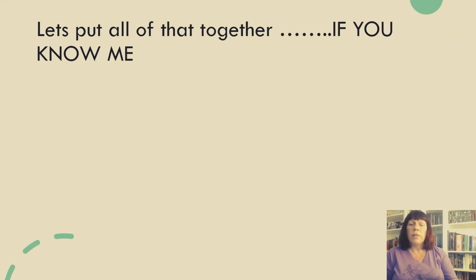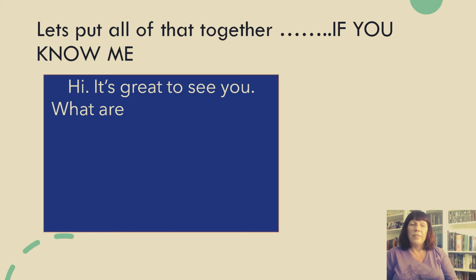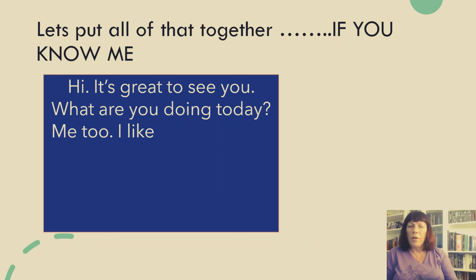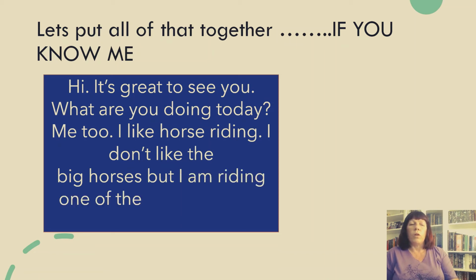So what about if you know me? Hi, it's great to see you. What are you doing today? Oh, me too. I like horse riding. I don't like the big horses, but I'm riding one of the smaller horses today.